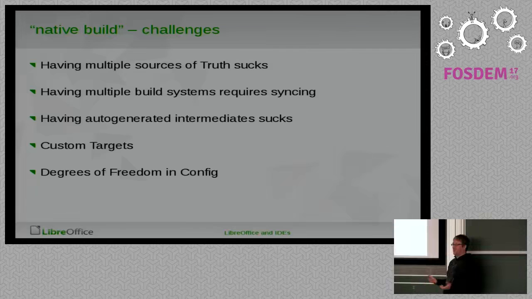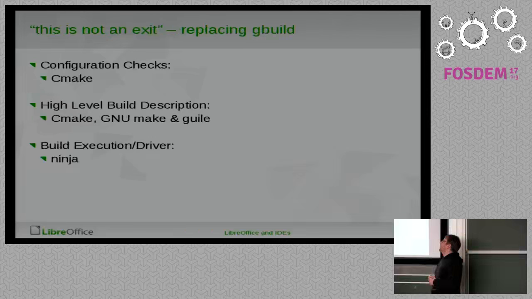And so that's a goal again, to get away from the current build system. The candidates for this are obviously CMake, or maybe use Scheme in Make as a migration path.